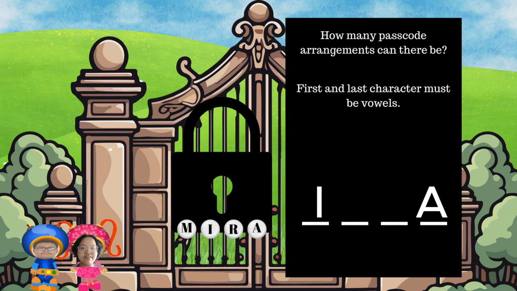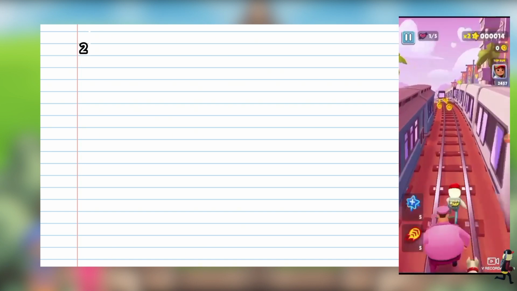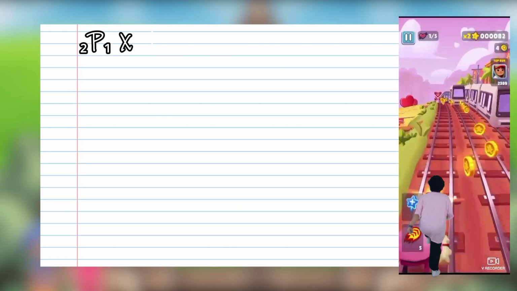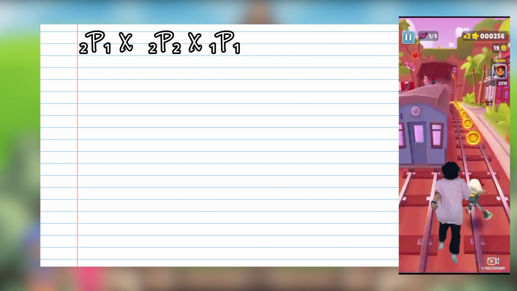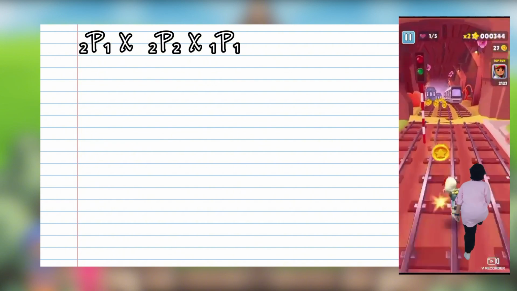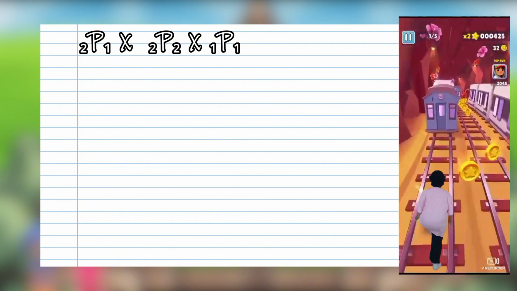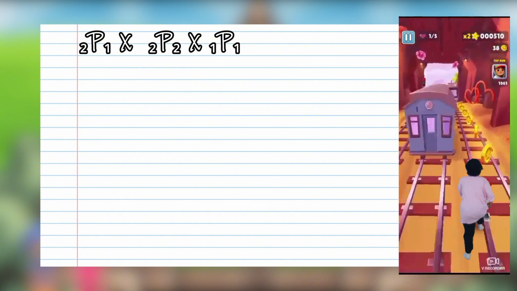Okay, let's break it down using the formula for permutation. To solve and find the total number of arrangements, we will do 2P1 multiplied by 2P2 multiplied by 1P1, since no repetition is allowed. Let's break it down so it will be easier to understand.